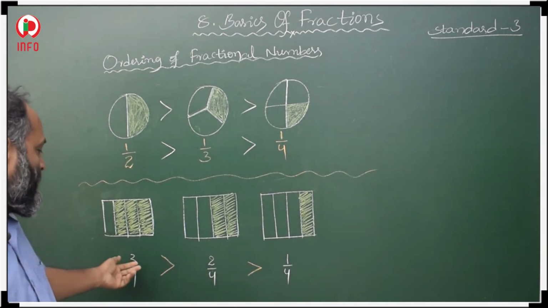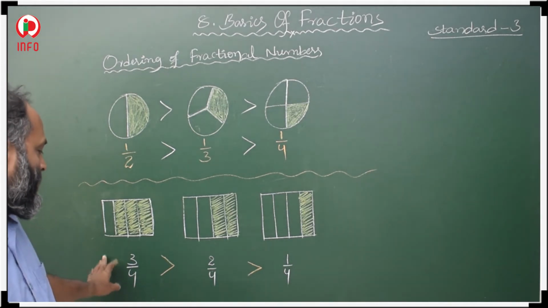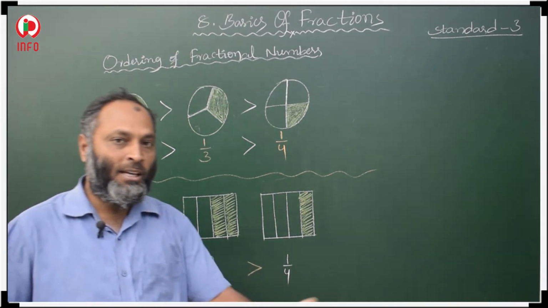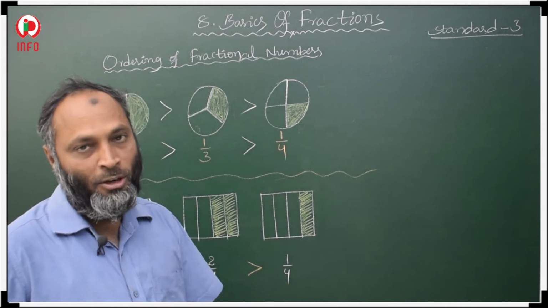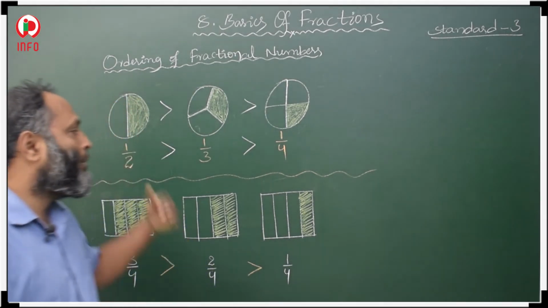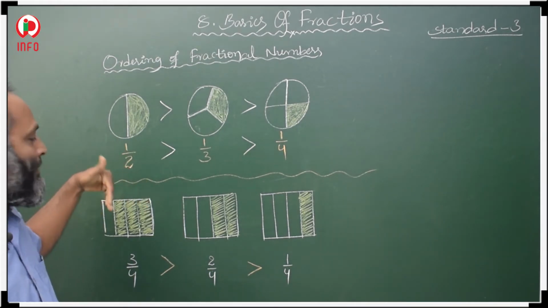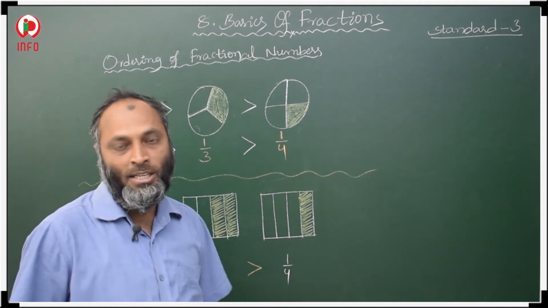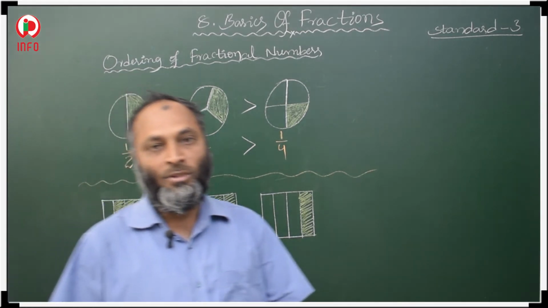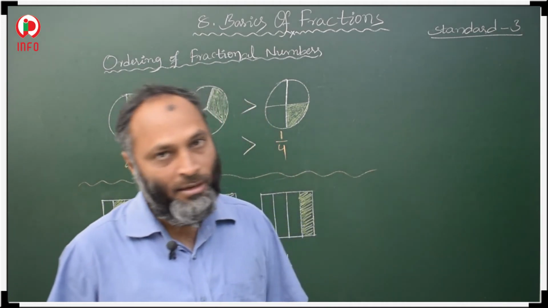In the numerator, the bigger one is bigger. The bigger numerator has a bigger value, and the smaller numerator has a smaller value when denominators are equal. When numerators are equal, the smaller denominator gives the bigger value. So these two are vice versa. These two concepts you have to keep in your mind.